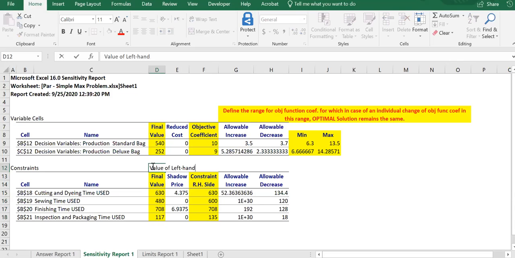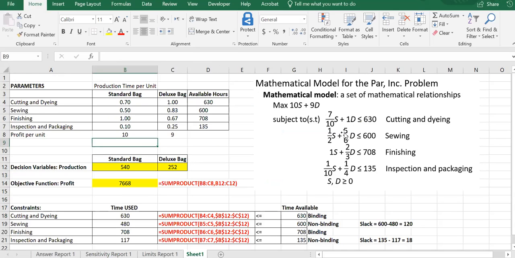left-hand side, which in the case of a production planning problem is the amount of resources that you're using, right? When we defined these constraints, we said the amount of time that you need from each department cannot go over the available amount.